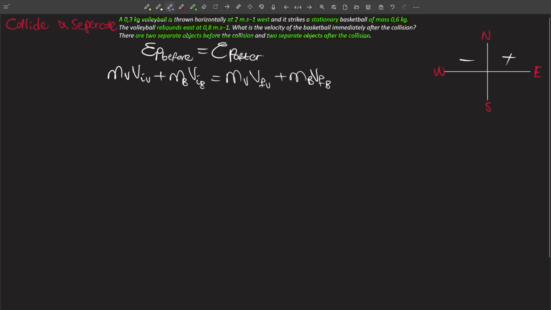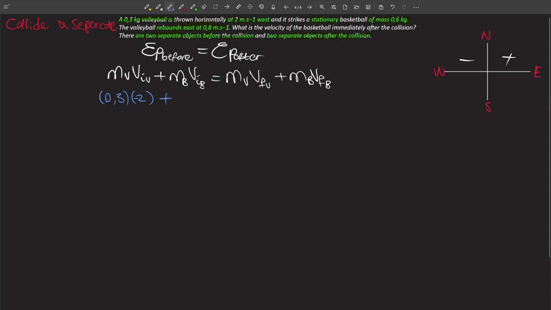And when we substitute now, the mass for our volleyball is 0.3 kilograms. Our velocity there is minus 2 because it's moving towards west.